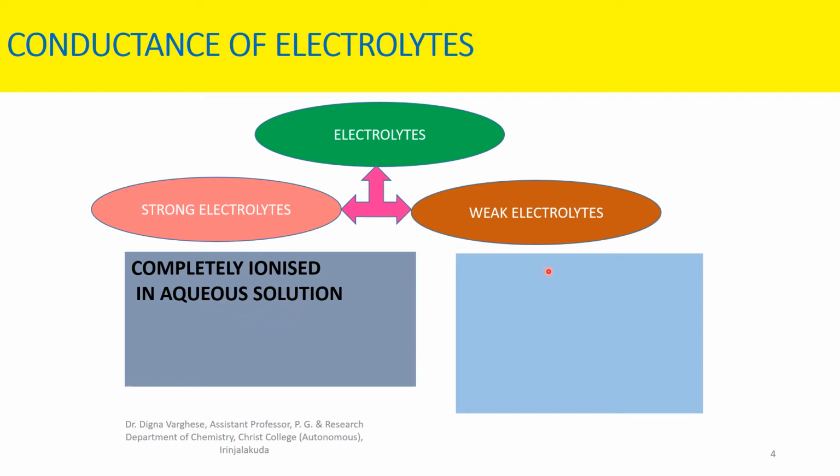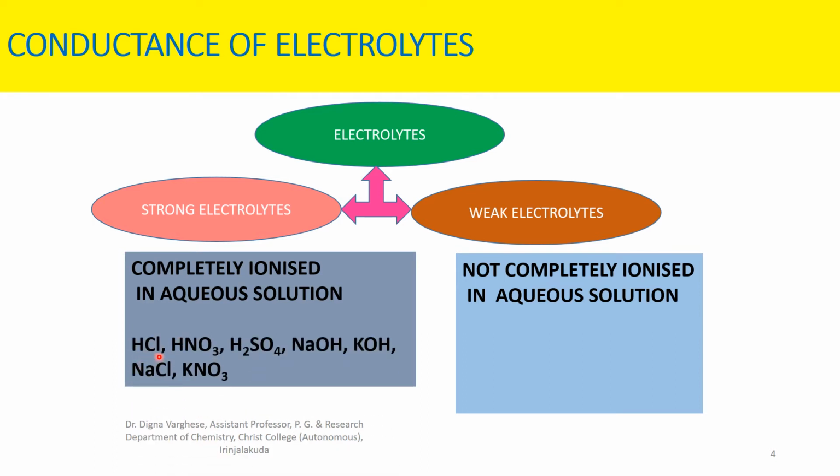So then, what is a weak electrolyte? Weak electrolytes are chemical substances which are not completely ionized in aqueous solution at moderately high concentration. Examples of strong electrolytes are strong acids like hydrochloric acid, nitric acid, sulfuric acid, strong bases like sodium hydroxide, potassium hydroxide, and their salts like sodium chloride. Sodium chloride is a salt formed from HCl and NaOH.